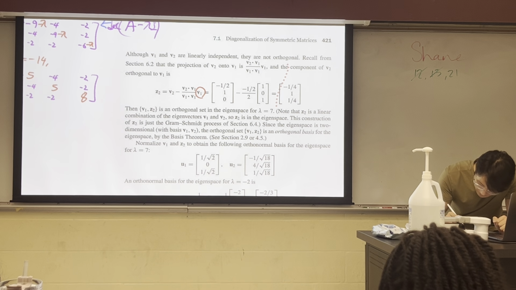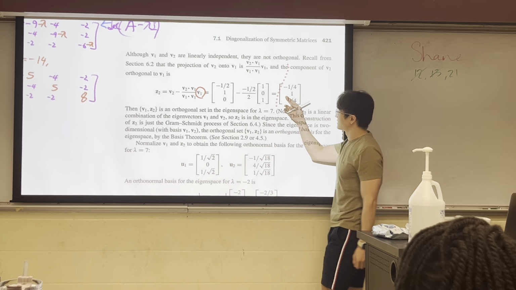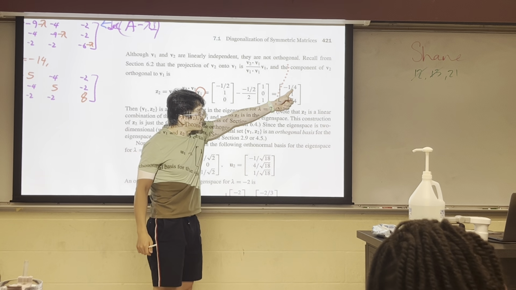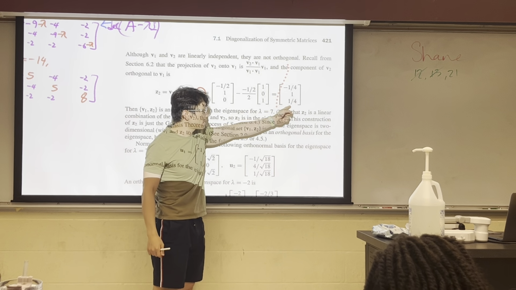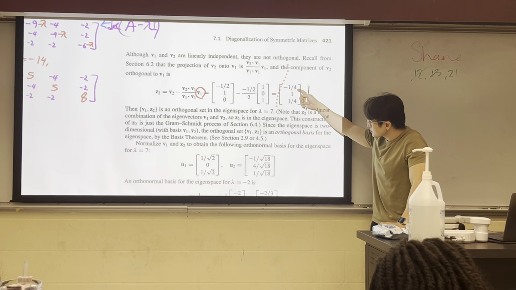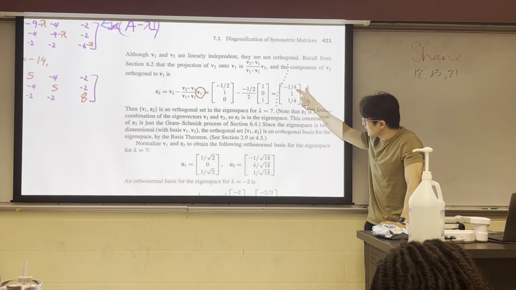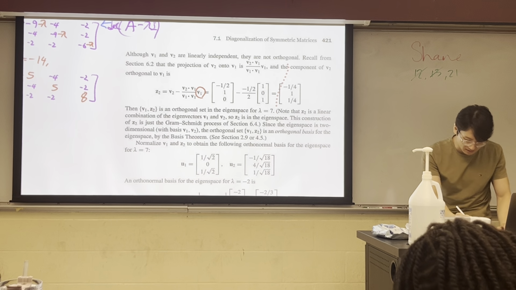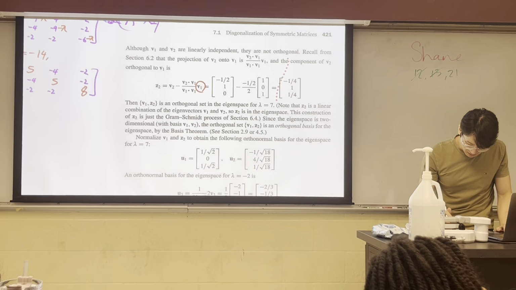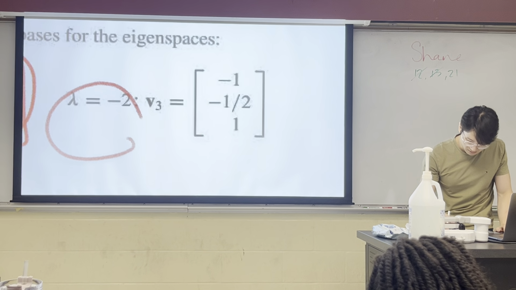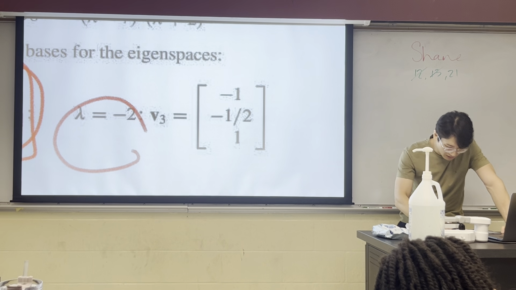We can scale those up to get rid of the fraction, so scale this by 4, multiplying every entry by 4, then get the length and divide each entry by it. So that will be square root 18. And what about the third vector? You simply get the length and normalize it.